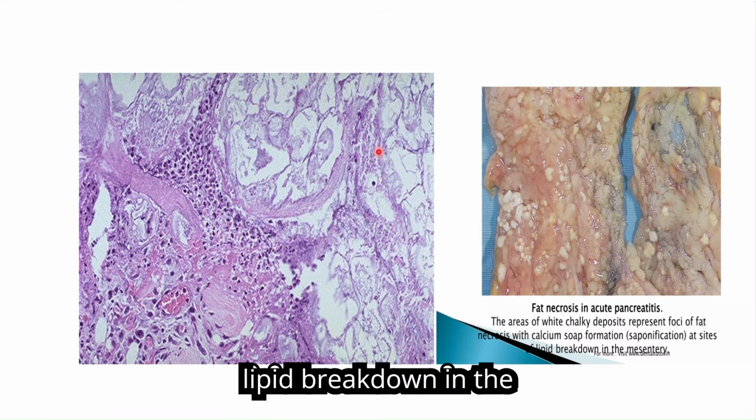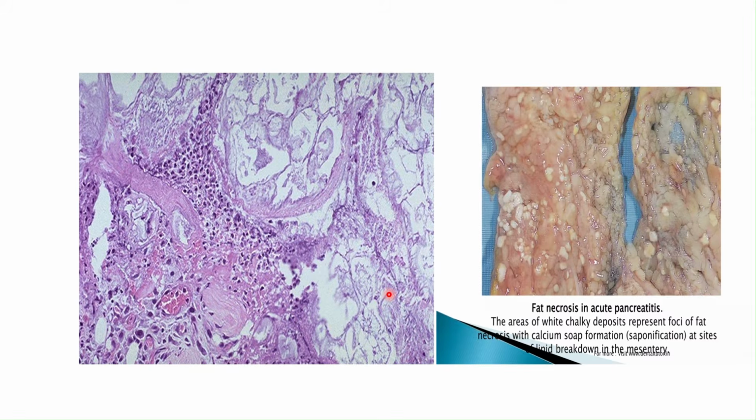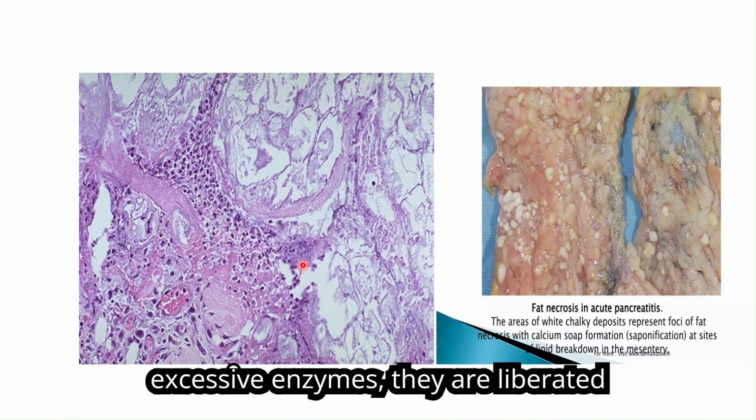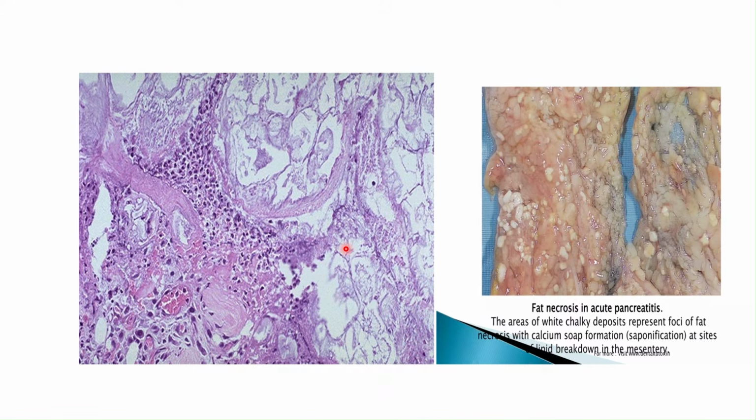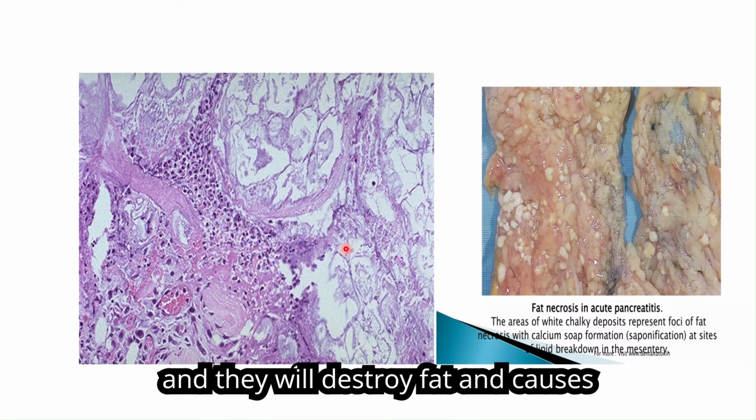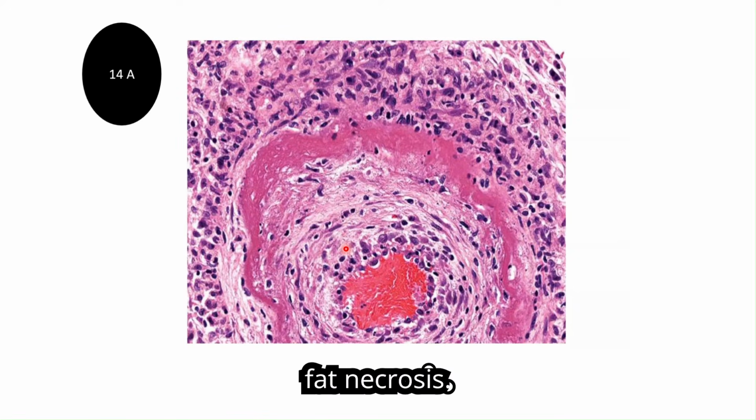There is lipid breakdown in the mesentery. Because of excessive enzymes, they are liberated into the surrounding mesentery and they will destroy fat and cause fat necrosis.